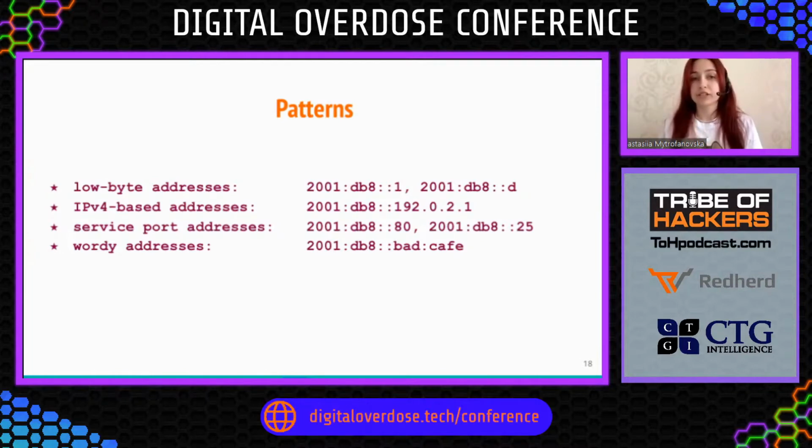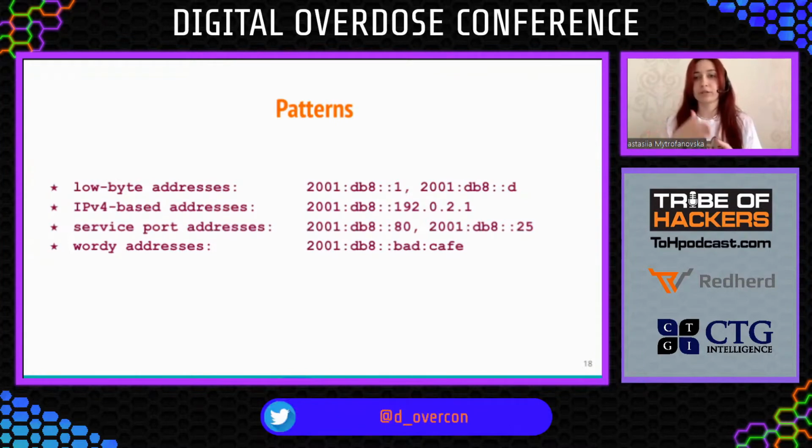Second is IPv4-based addresses. I know it looks weird, but that exists and we need to deal with it. These are addresses in which the IPv4 address is embedded in the IPv6 address. The next pattern can be service port addresses. It's basically like low byte addresses, but instead of the significant last byte, we can use the number of the TCP or UDP port of the main service running on the host.